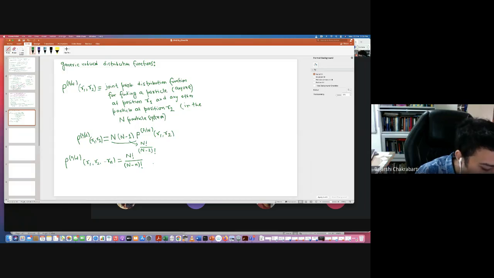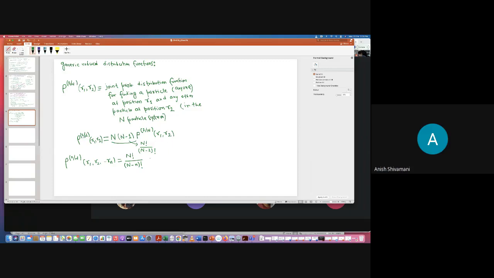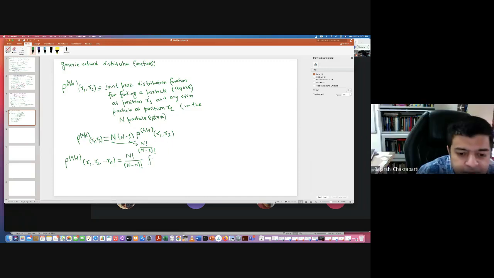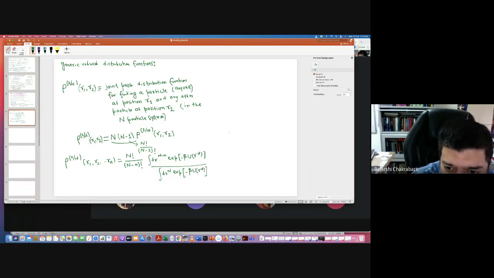And then I have the rest. And you remember the expression for this? rho small n by capital N. Let me write down. It is actually dr to the power capital N minus small n. I'll tell you what this is: exponential of minus beta U of r to the power of N, divided by what is this integral?